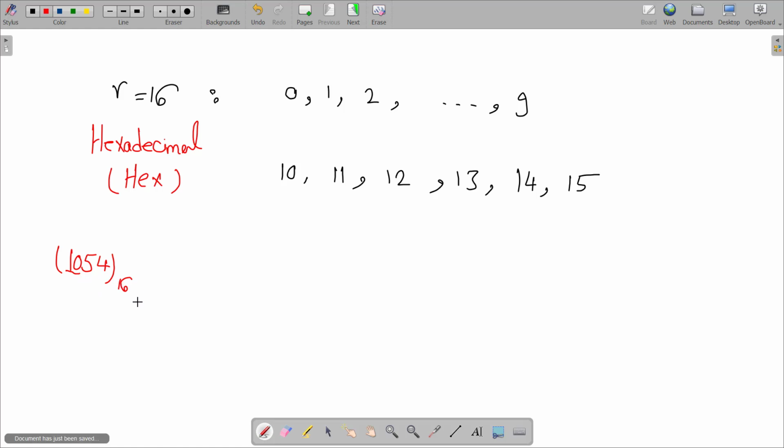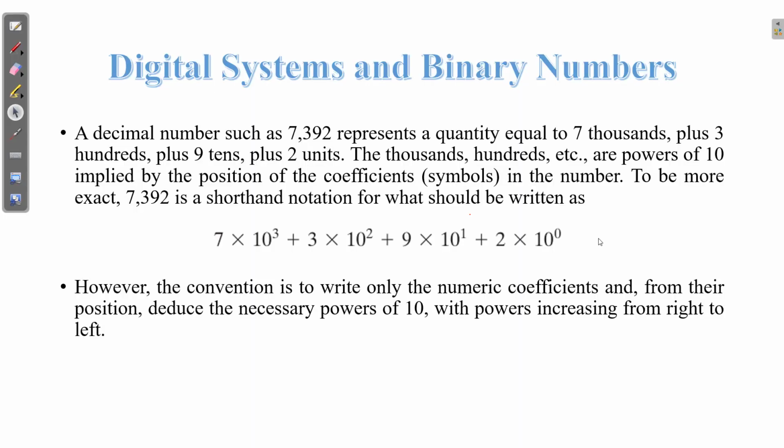For this reason, instead of 10, we write A, instead of 11, B, instead of 12, C, 13, D, 14, E, and 15, F. Now, if we want to represent it, we write A, 5, 4 in base 16. So this is the general concept of hexadecimal.